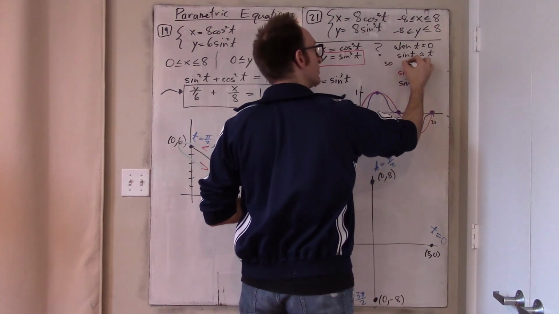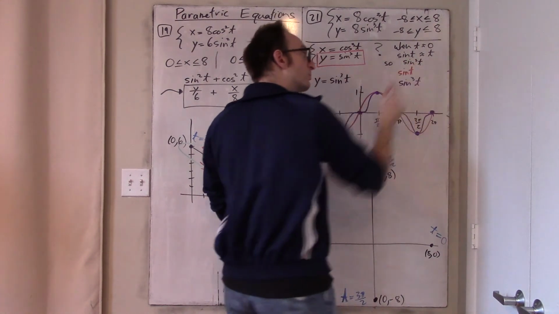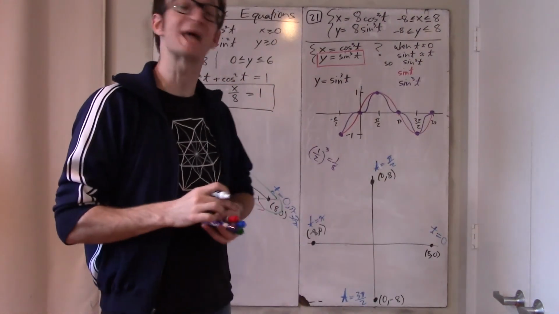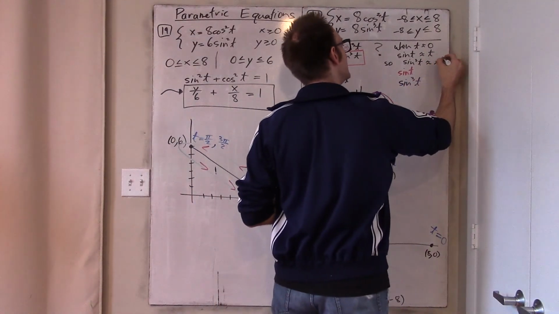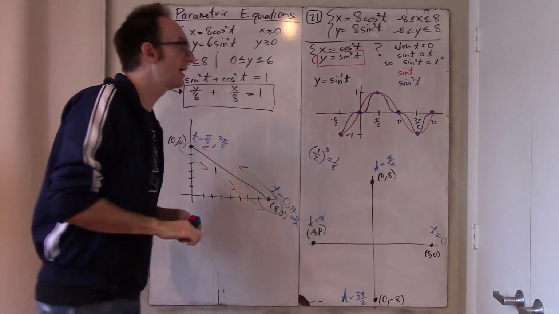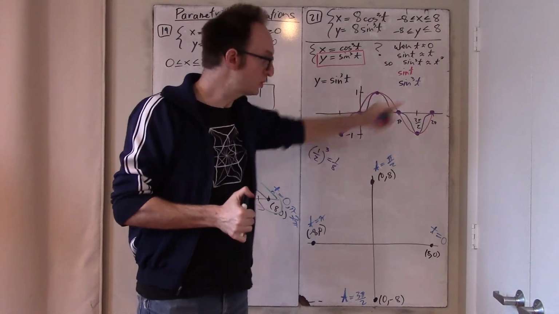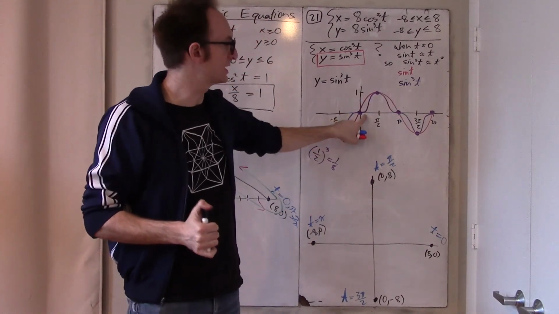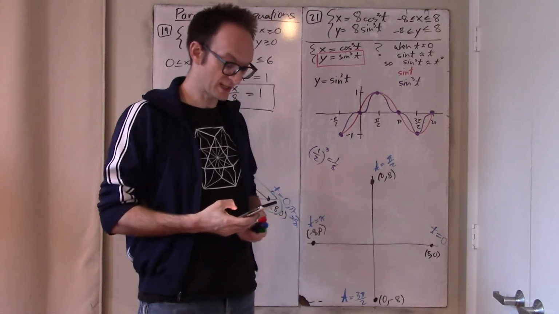So what should I say about sine cubed t? Well, if sine looks very much like t for tiny values of t, then sine cubed is going to look a lot like t cubed. And so we should expect this purple sine cubed function to, when we zoom in at the origin, be locally cubic. That's what we expect.